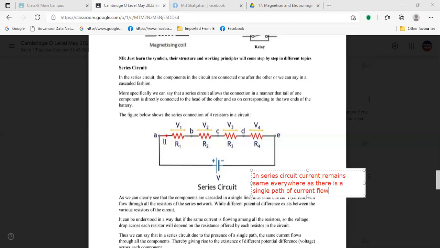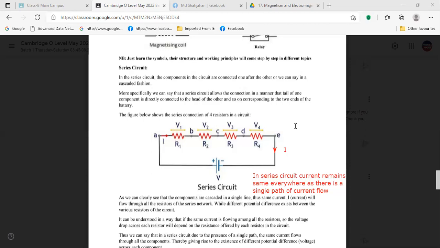Here we have I. Also, you give here another arrow, label here also I, so that you can understand everywhere the current is same I. Okay, everyone, have you understood?